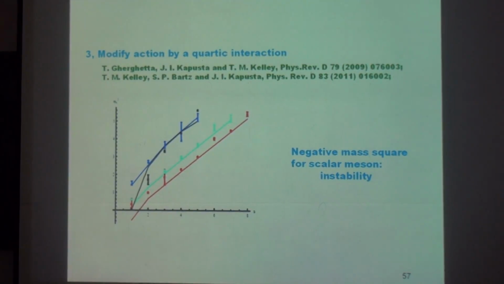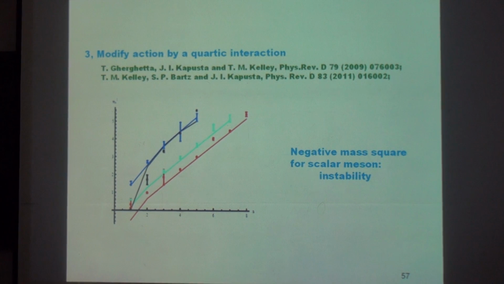And there are some groups, for example this group by Kapusta, who made some efforts to improve this KKSS model. They introduced a kind of quadratic interaction in the scalar channel.